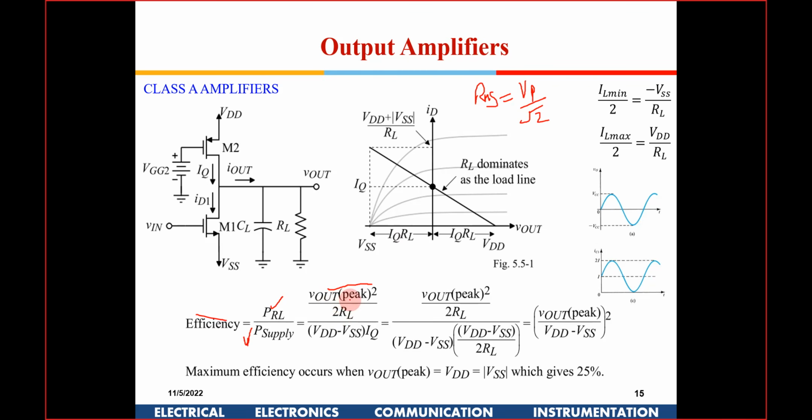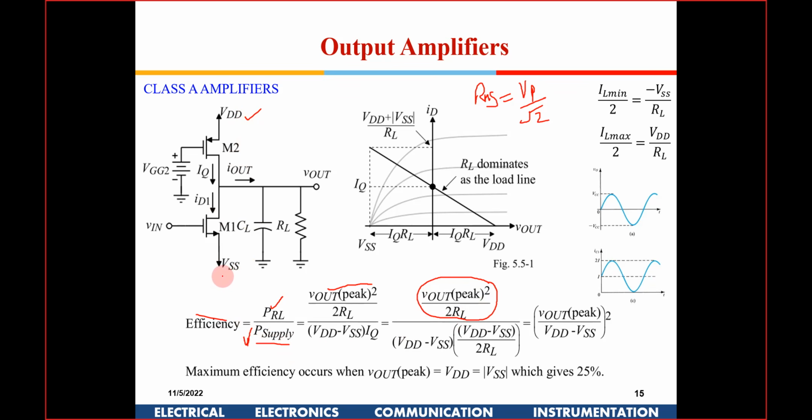So this will be V out square, by root 2 will become 2, divided by RL. So V out peak square by 2RL. Is this okay? Power given to the load is on the numerator. What is the power going to the supply?